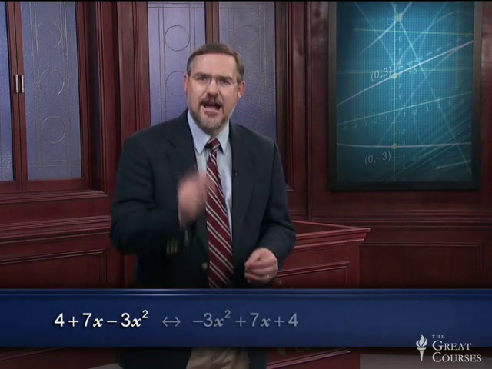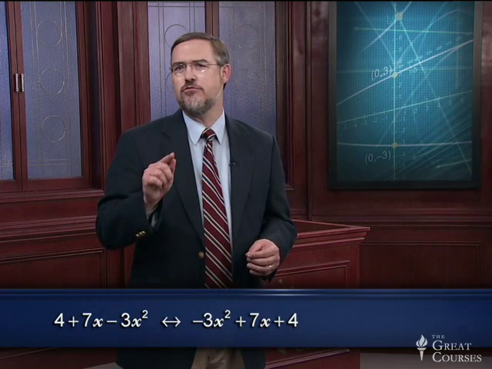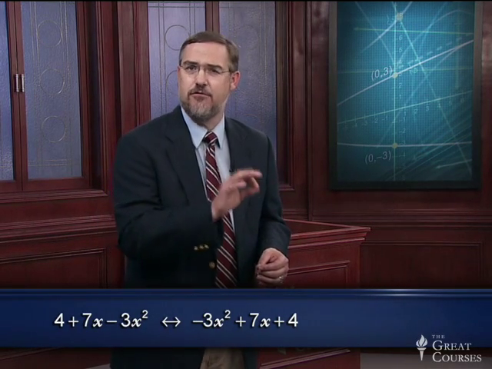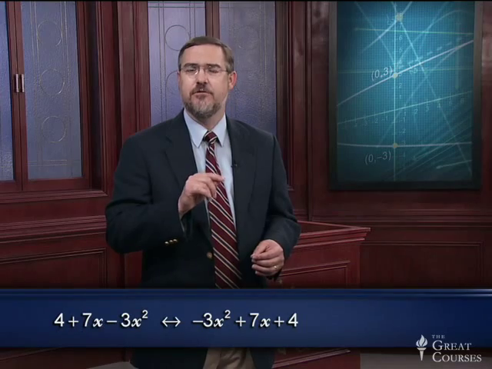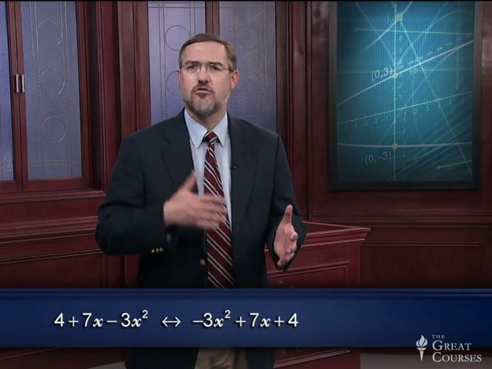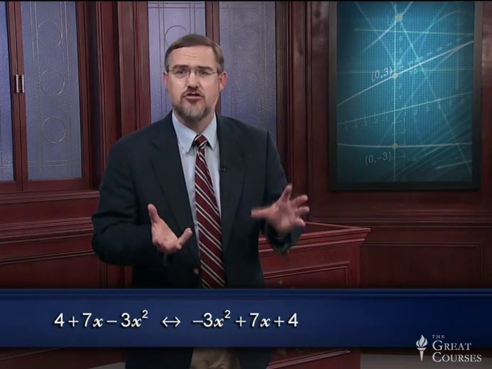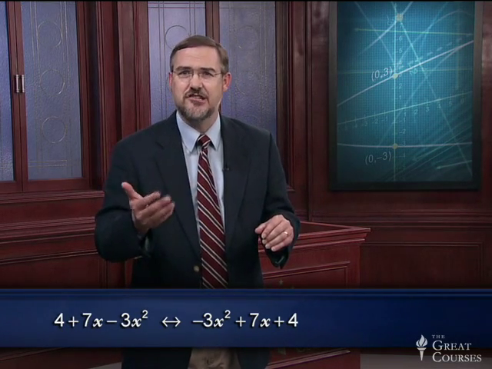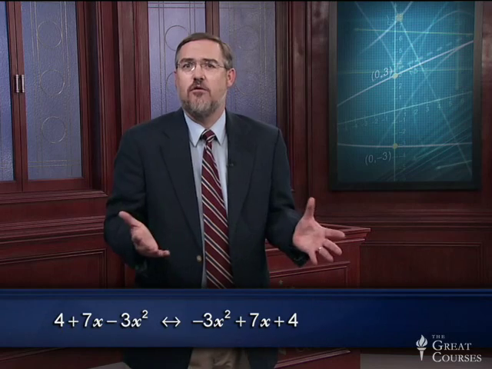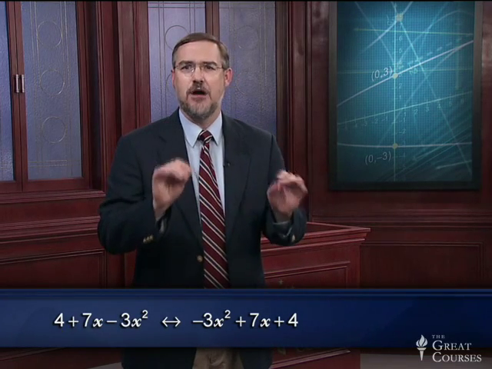So for example, something like 4 plus 7x minus 3x squared has to be written as negative 3x squared plus 7x plus 4. That might have been what you thought. Well, it turns out it's okay to write that polynomial in either order. In fact, we could have jumbled up the terms a whole bunch and written 7x minus 3x squared plus 4. It would have been the same polynomial.